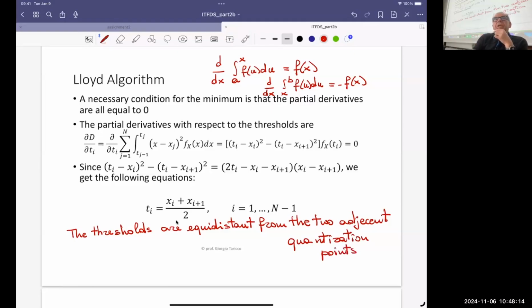And this is important because it is something that we are going to see again when we are going to talk about the multidimensional extension of this result.